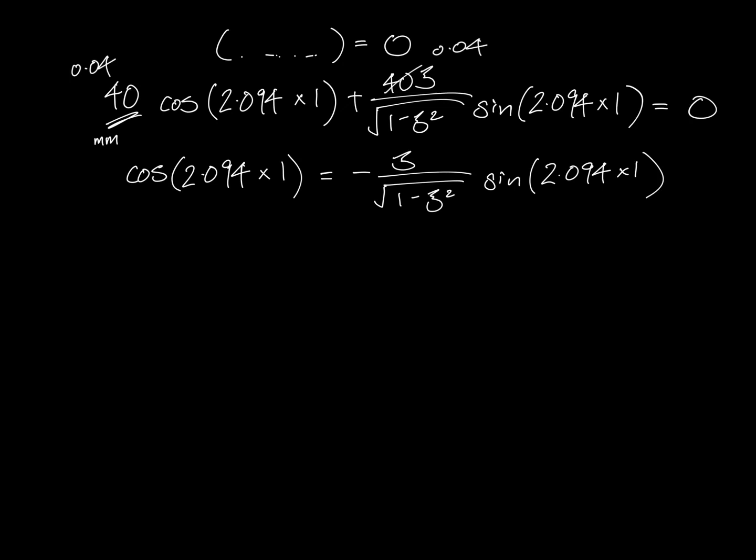So we have a cosine on one side and the sine on the other. We can simplify it with a tangent, because tangent x is equals to sine x over cos x.